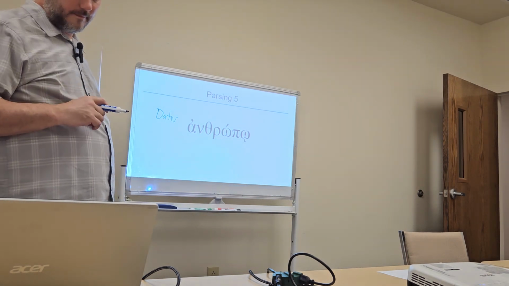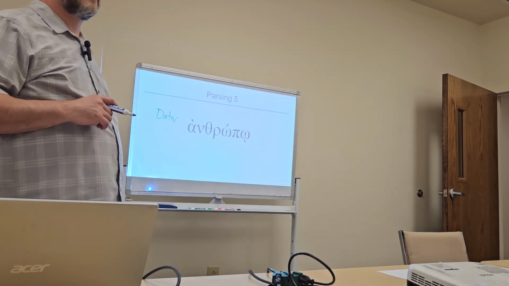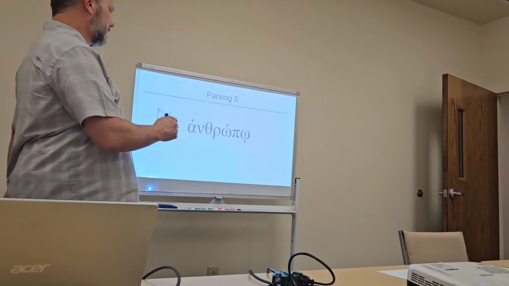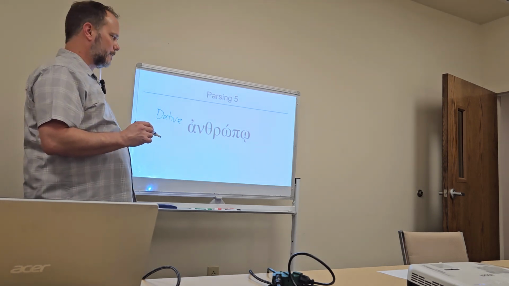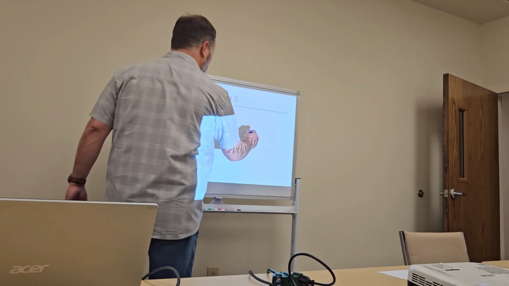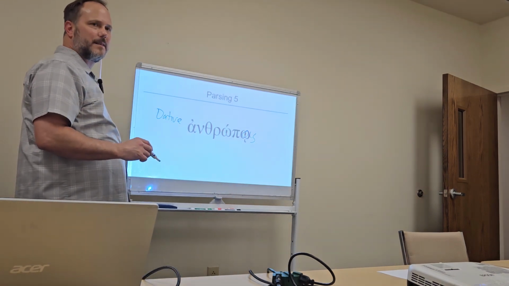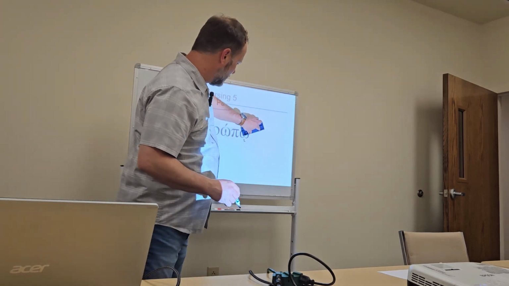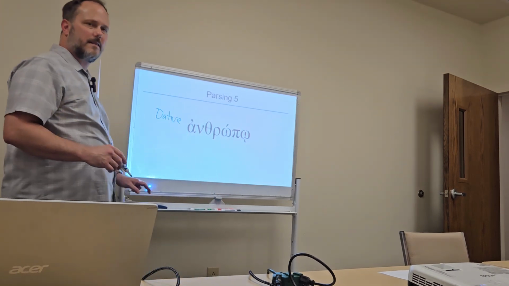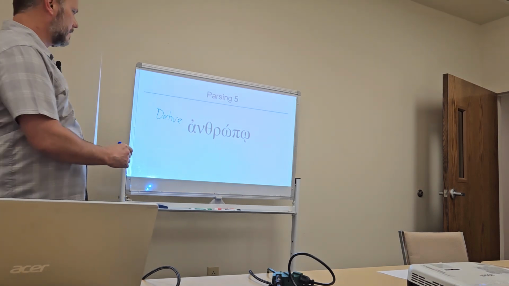It's anthrope. Okay, dative plural, feminine. Okay, okay. So if it were plural, it would be that, and it still wouldn't be feminine. Oh, okay, then that would be, it's masculine. Yeah, exactly. Masculine. Okay, good.